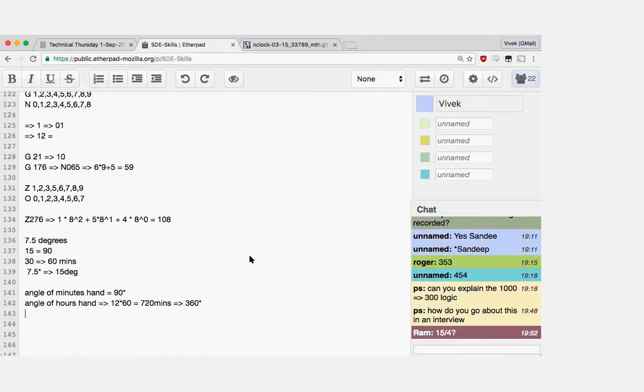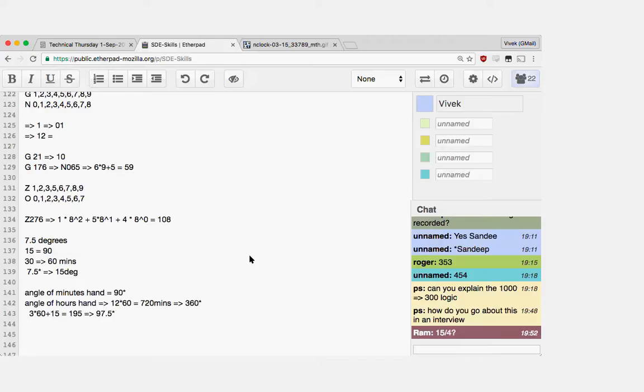In this case, it's 3 hours, which is 3 times 60 plus 15, which is 195 minutes. So in 195 minutes, how much will it move degree-wise? 97.5 degrees.